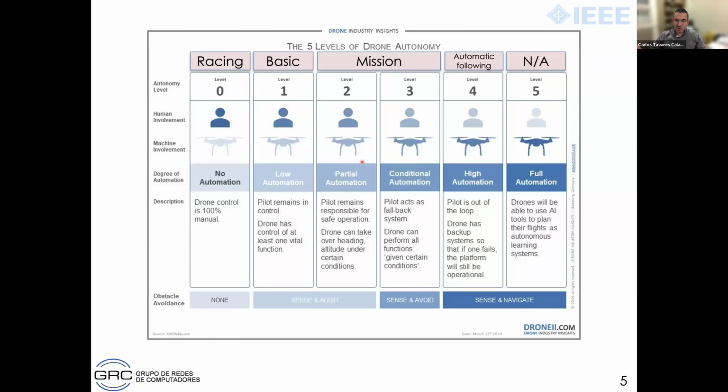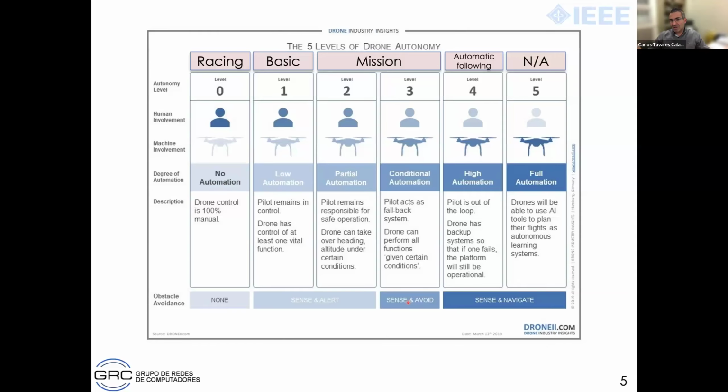The drone is able to autonomously follow a mission. Then they can either alert the operator about some issues, or in some cases, for example for level 3 automation, it can even include sense and avoid systems. This means that, for example, it's doing a mission and then there is some tree or building in the path, and it can automatically respond to that situation by altering its route, changing altitude, etc.